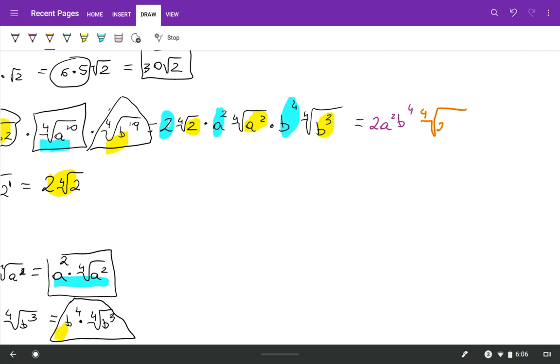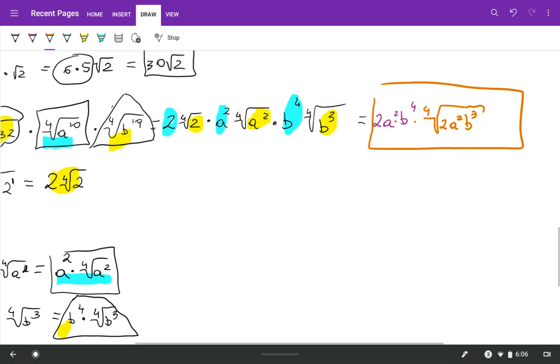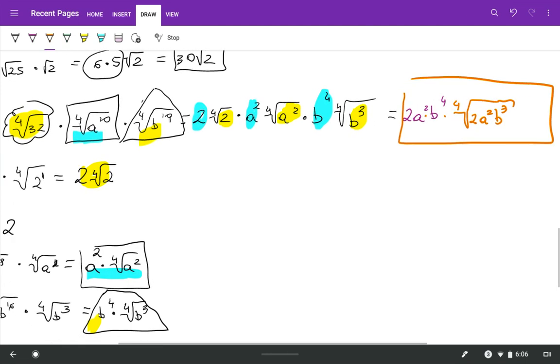So that will be 2a squared b cubed. And that can't be simplified. So this is our final solution. Don't forget it's a multiplication between all of them. So definitely a long problem.